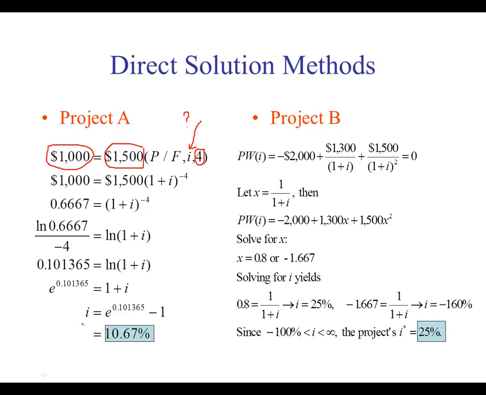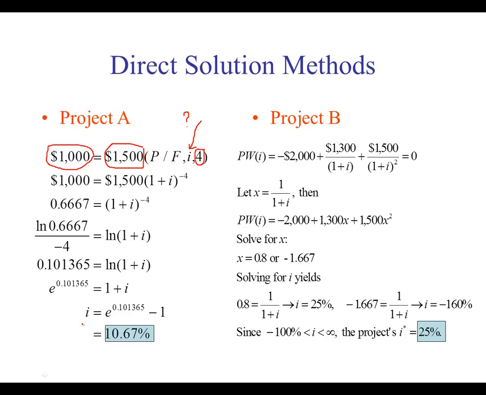For project B, which is a totally different cash flow, we will use the quadratic direct solution method.